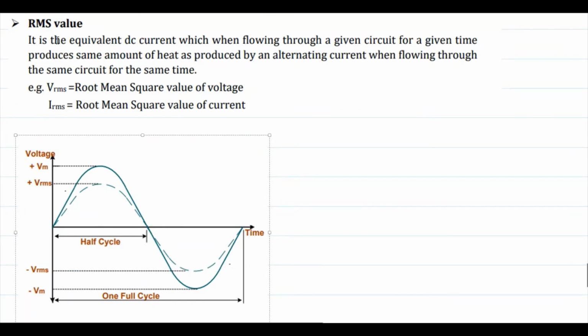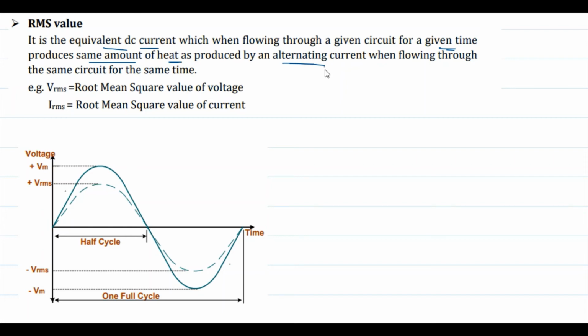RMS value of an AC quantity is defined as the equivalent DC current, DC means the direct current, which when flowing through the given circuit for a given time produces the same amount of heat as produced by the alternating current. So when flowing through the same circuit for the same time, it is called as a RMS value.